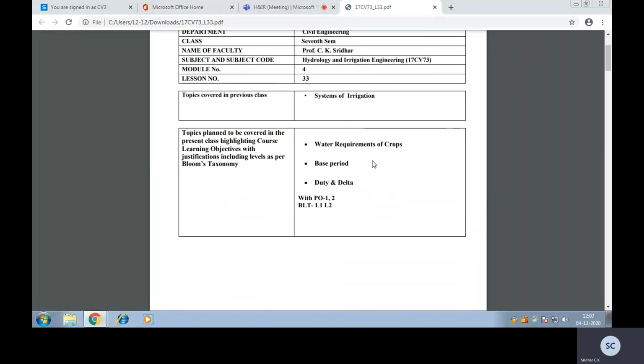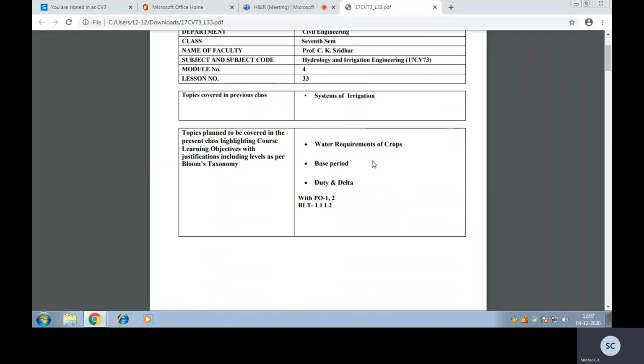Basically, period means it is a time. It is the time from sowing the seeds. From that, we put the water through artificial means, and after the harvesting, we get the crop. The time period from sowing to the harvesting, we call the crop period or base period.